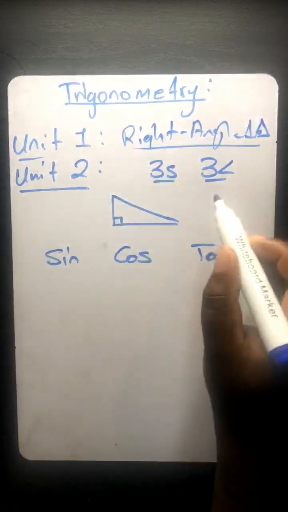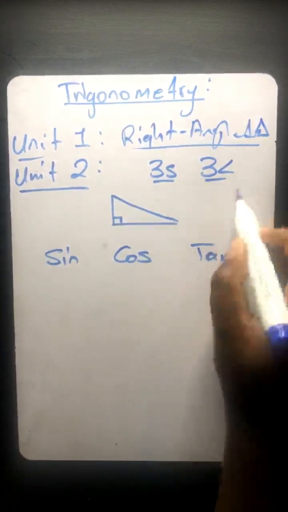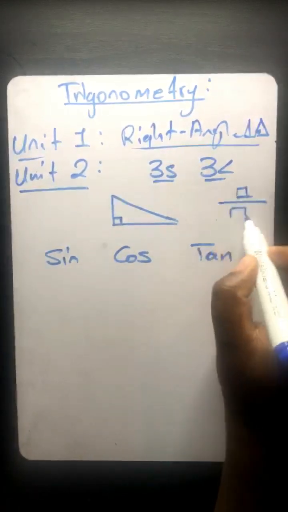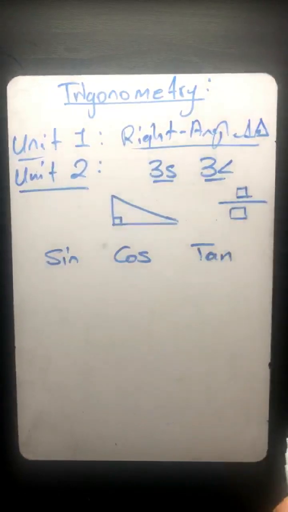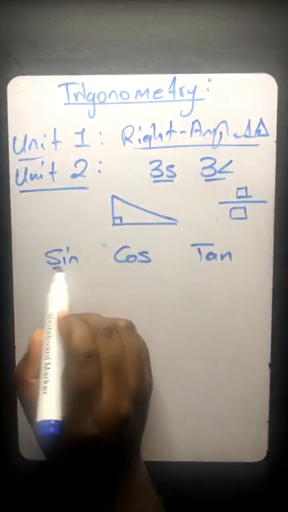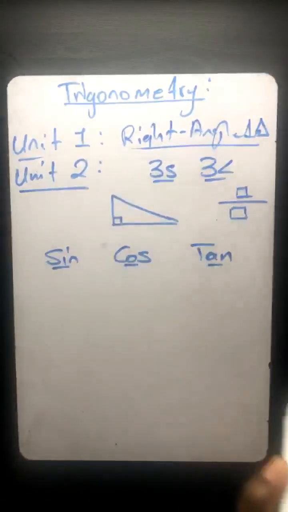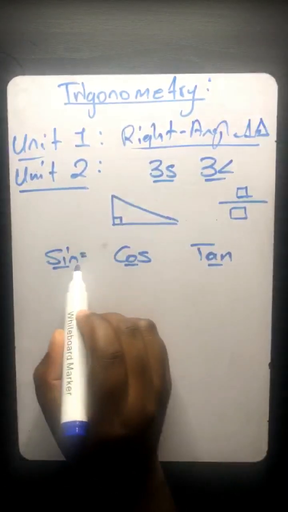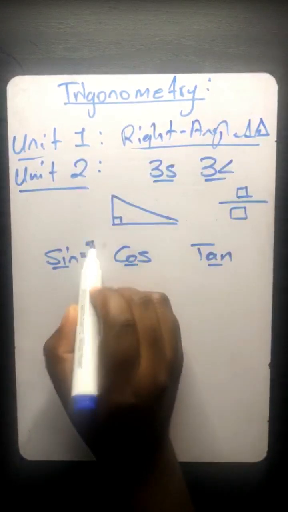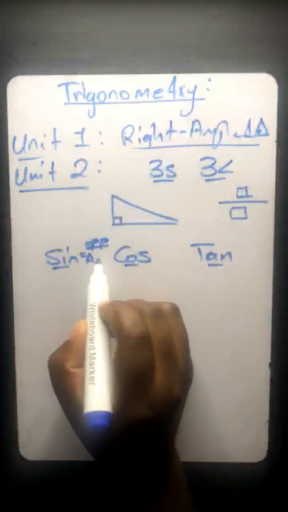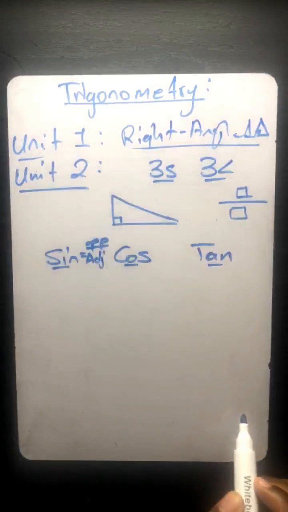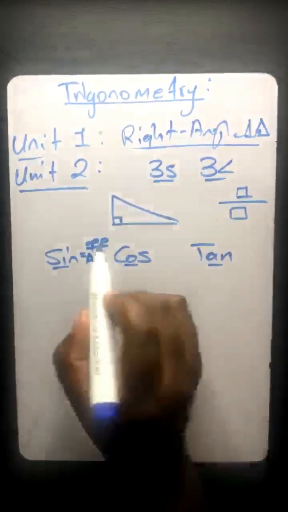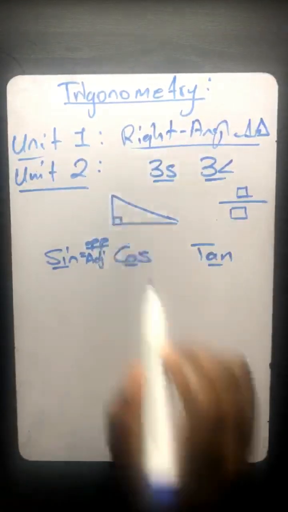Remember, guys, the word ratio means something over something. So these are the trigonometric ratios. It's actually the ratio of the sides of a triangle.